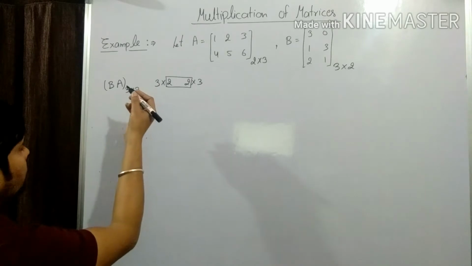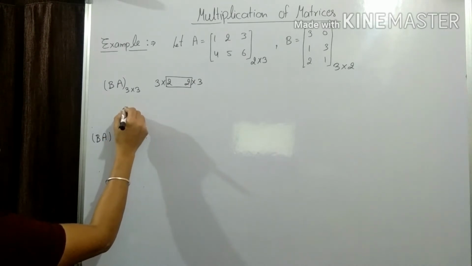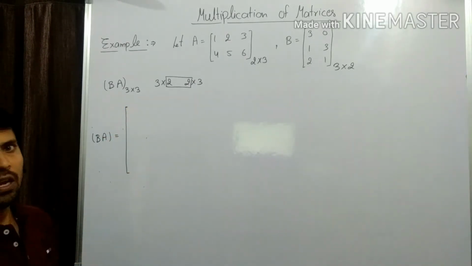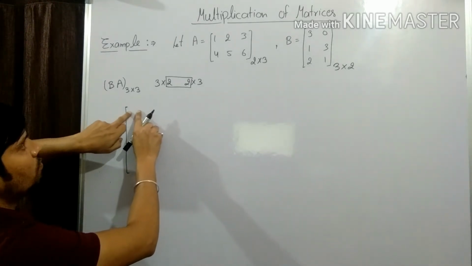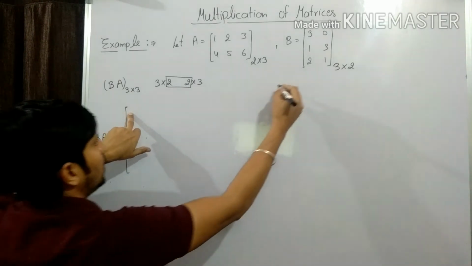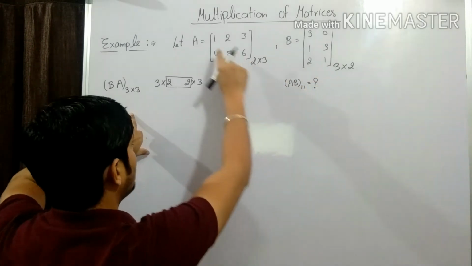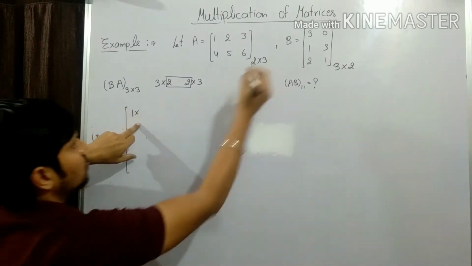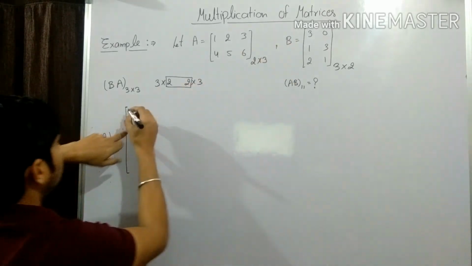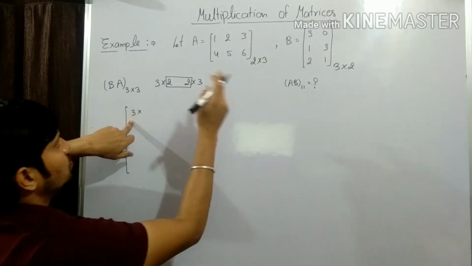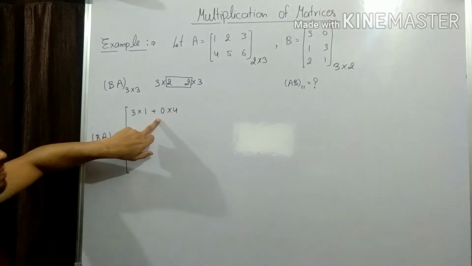Now for the 3 cross 3 matrix BA we are going to find the elements, in the same manner as we discussed in the earlier question. First element, first row, first column multiplied: 3 into 1 plus 0 into 4.